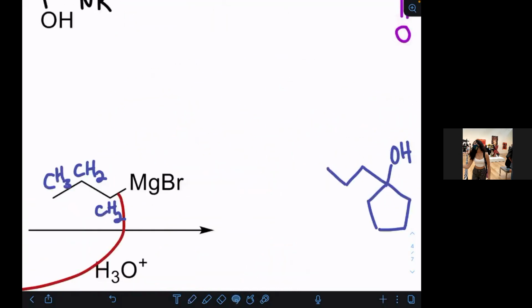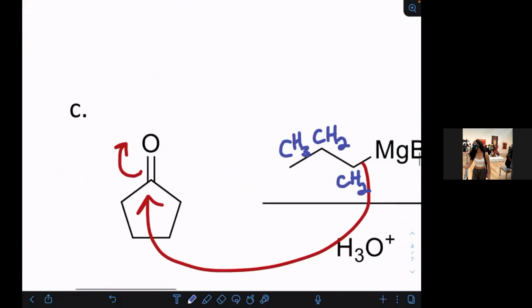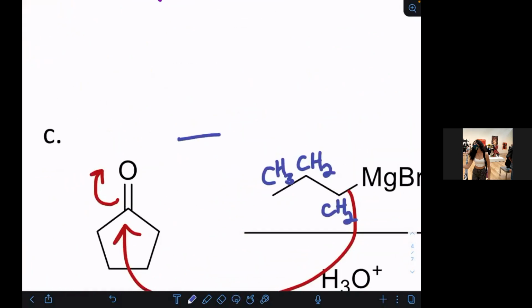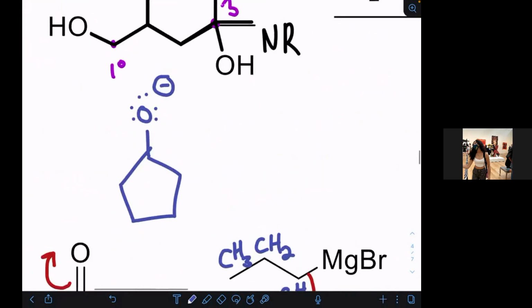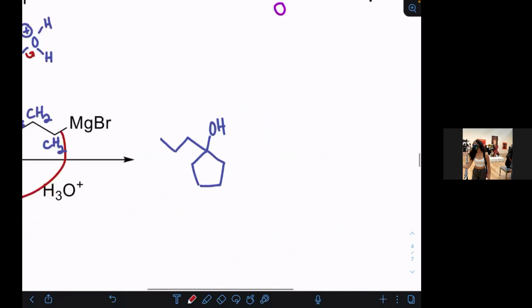As this double bond comes off, our intermediate is like this. It's negatively charged, and then it reacts with the H3O plus and grabs the oxygen. So I believe that this is the product that we end up with.